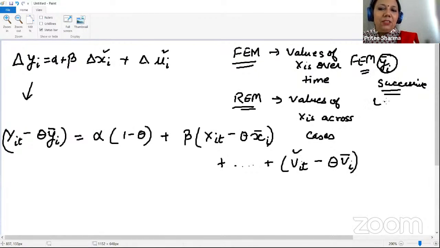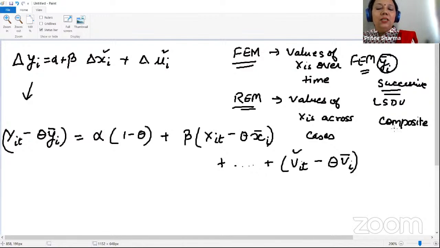Then we did the LSDV, that was least square dummy variable model. Then in case of random effect model, we are doing two things. One is we made the error term composite. And why did we make the error term composite?